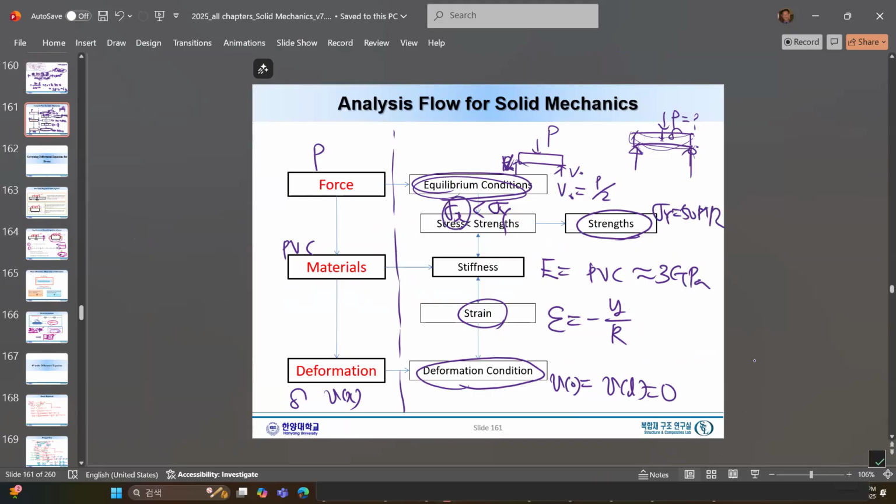So sigma x, we obtain, how much was that? Sigma x will be moment divided by I times y. So this sigma x should be less than sigma y. And then the stiffness is usually given by E, and the strain is like this.